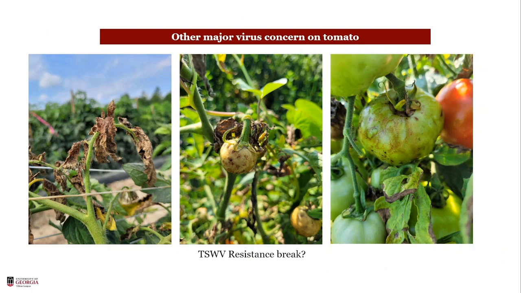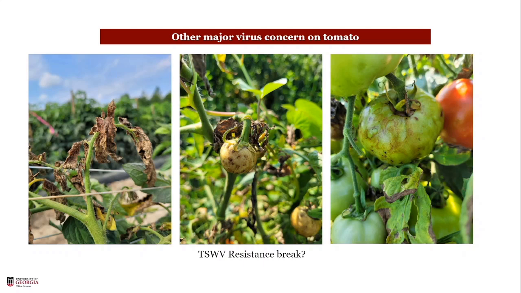The other important virus on tomato is tomato spotted wilt virus, or spotted wilt. This is a tospovirus that is transmitted by thrips. We do have a resistance against spotted wilt on tomato as well as on pepper, but we are seeing resistance break in California, Texas, Florida, North Carolina.